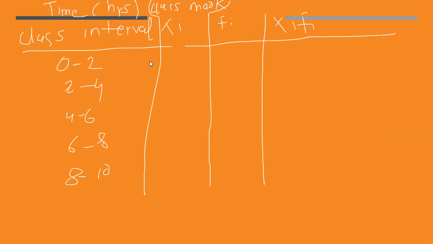Just like the middle of 0 and 2 will be 1, of 2 and 4 will be 3, of 4 and 6 it is 5, of 6 and 8 it is 7, and of 8 to 10 it is 9. And if you still do not understand, you can just add these two and divide it by 2. So that is for class mark.